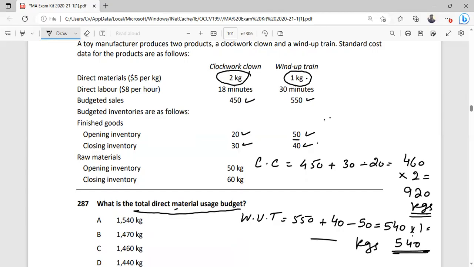So we can add up both the kg: 920 plus 540. 1460 kg is the right answer. This is budgeted material usage.